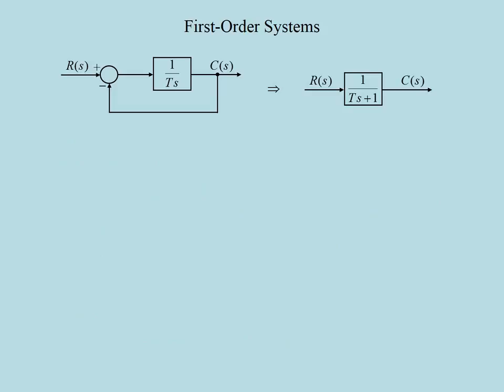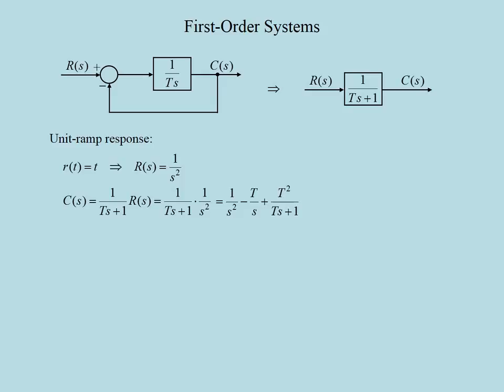Let us also obtain the response to the unit ramp input. In this case, R(s) is going to be equal to 1/s². Again, multiplying the closed-loop transfer function with the Laplace transform of the input, applying a partial fraction expansion, and then taking inverse Laplace transform, we can obtain the time domain expression for the output.